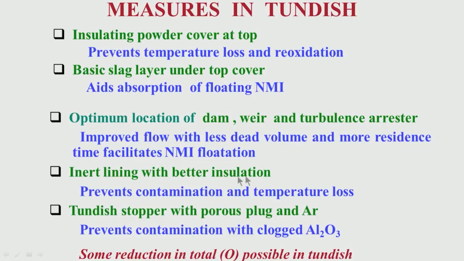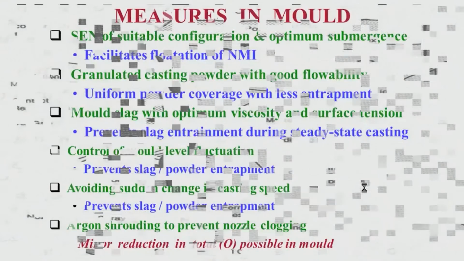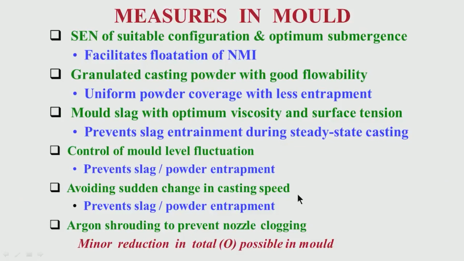So, this I have mentioned here: sudden change in casting speed is not good, argon shrouding is desirable. If we do all these measures, some additional cleanliness is also possible in mold. Most of the cleanliness, as I have told you, we have taken care of in the ladle in secondary refining. Some amount of cleanliness enhancement we have done in tundish.